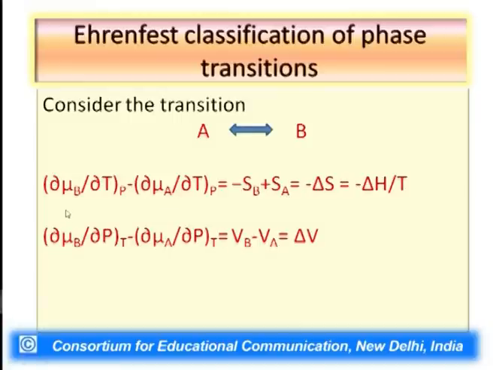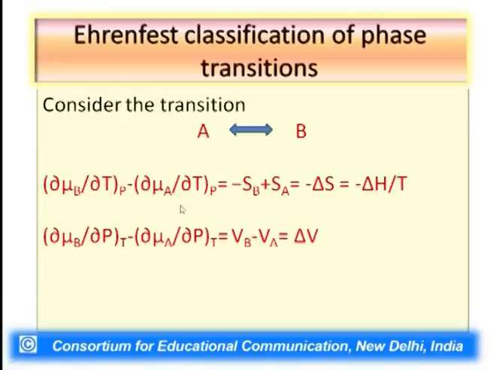So, you can see del mu B by del T at constant pressure, the rate of change of chemical potential of the substance in phase B with respect to temperature, minus del mu A by del T at constant pressure, the same for phase A. These are nothing but the first order derivatives of chemical potential with temperature for the two phases.